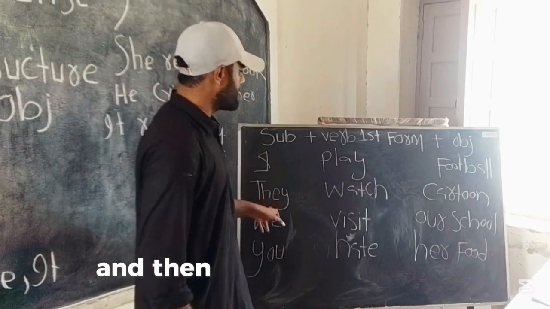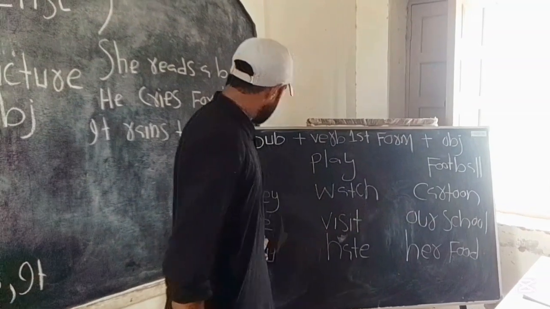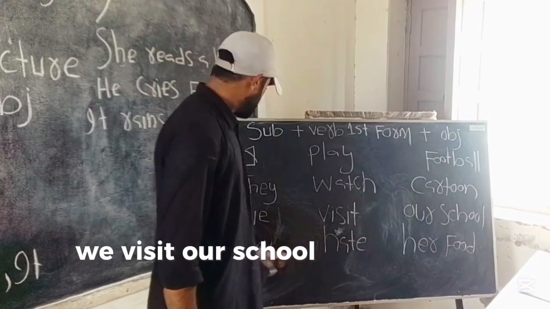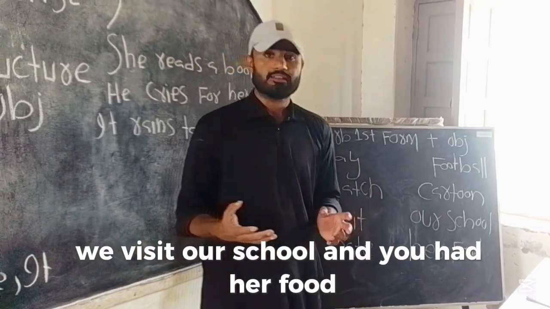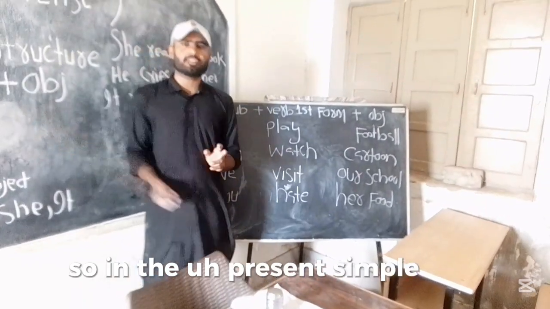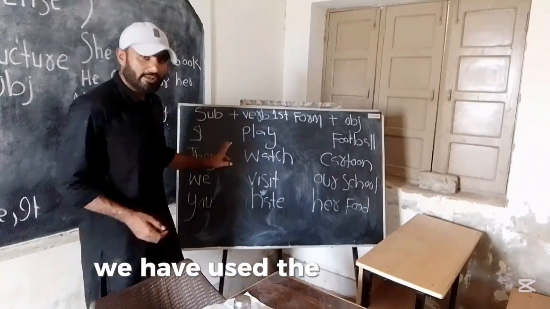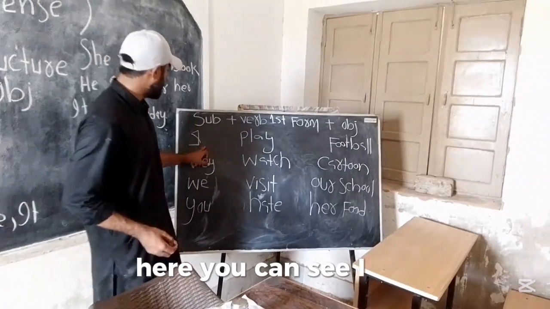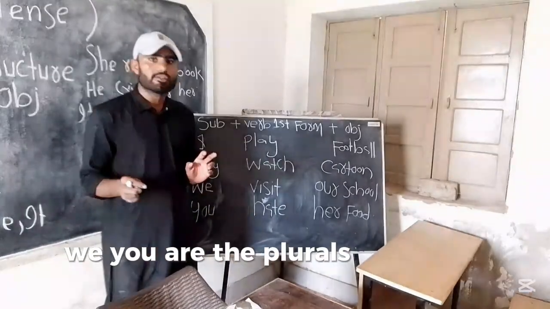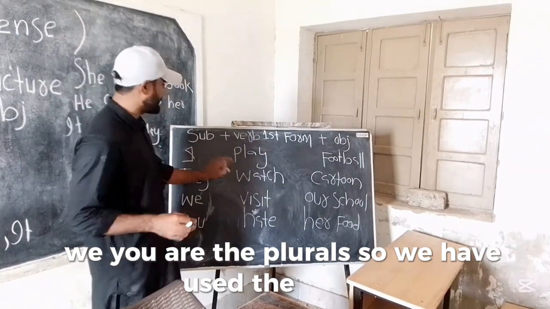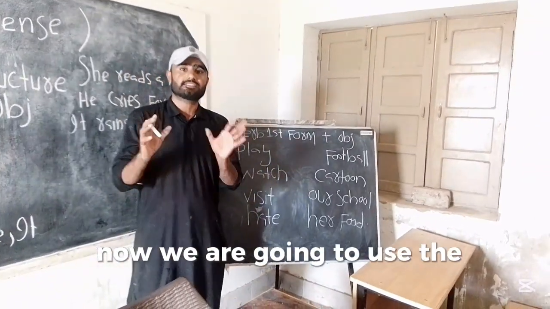And then: they watch cartoons, we visit our school, and you have your food. So in the present simple tense we have used the plurals, right? Here you can see I, they, we, you are the plurals. Now we are going to use the singulars.